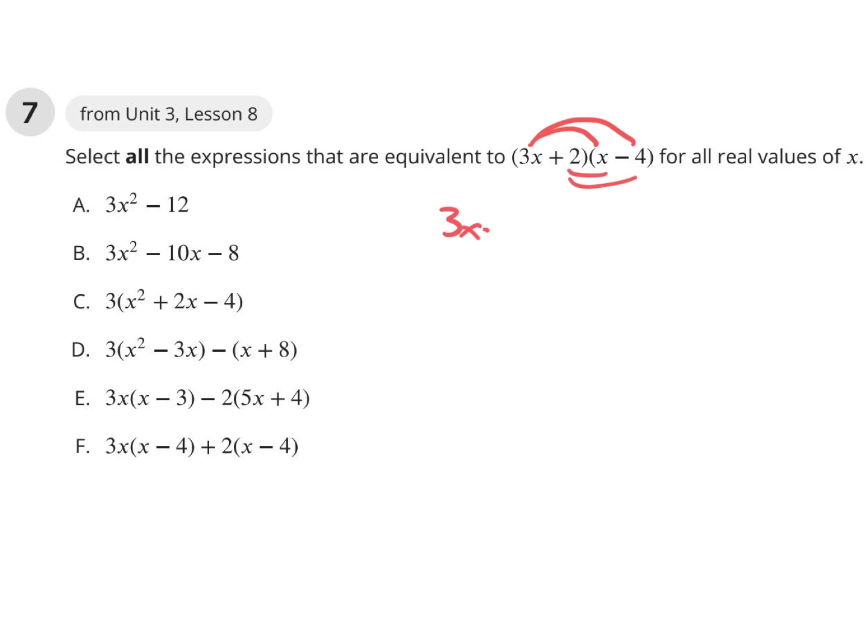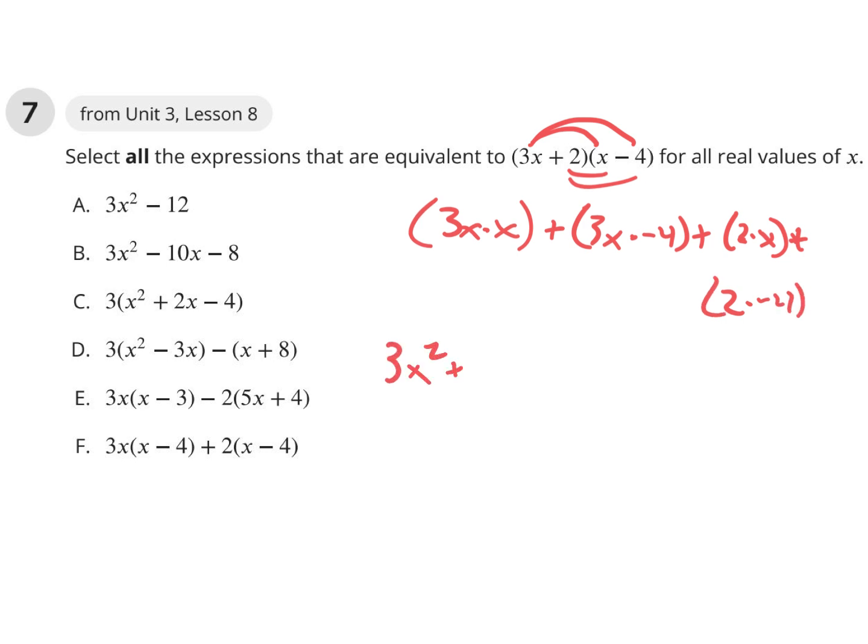We get 3x times x plus 3x times negative 4 plus 2 times x plus 2 times negative 4, which gives us 3x squared minus 12x plus 2x minus 8, which gives us 3x squared minus 10x minus 8.